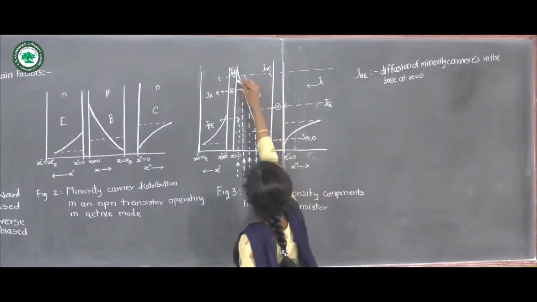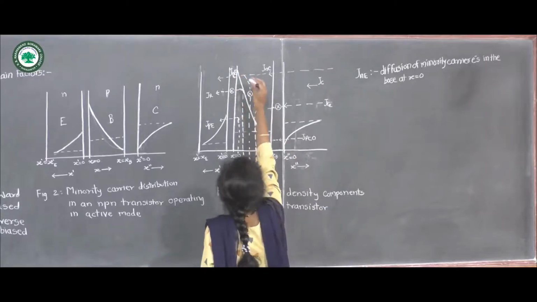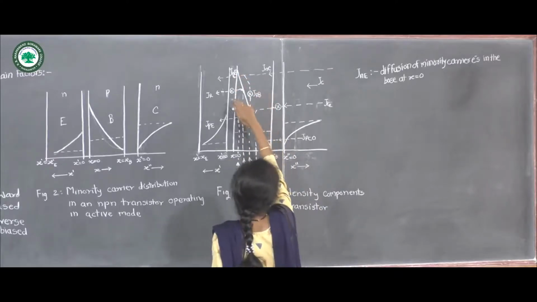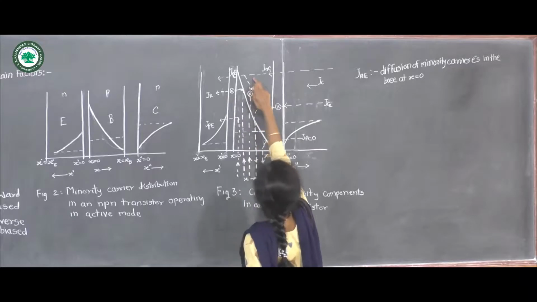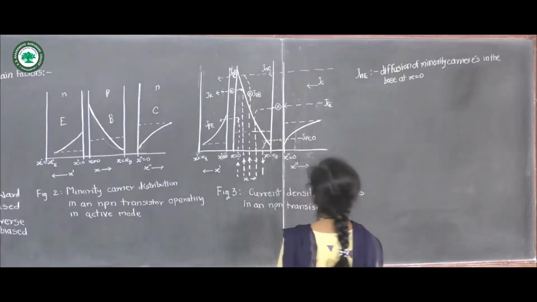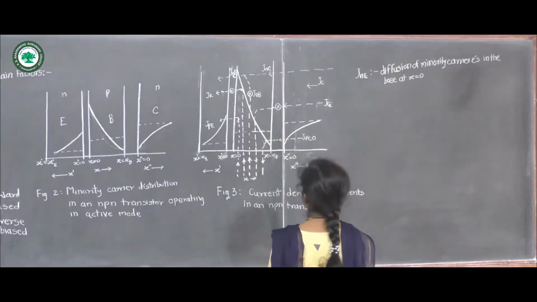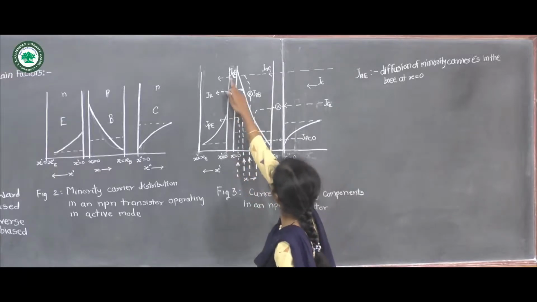So this is JNE in figure number 3, which is due to diffusion of minority carrier electrons into the base at x equal to 0.